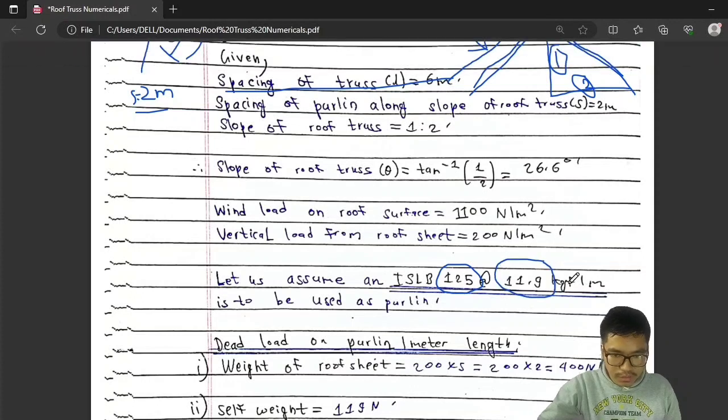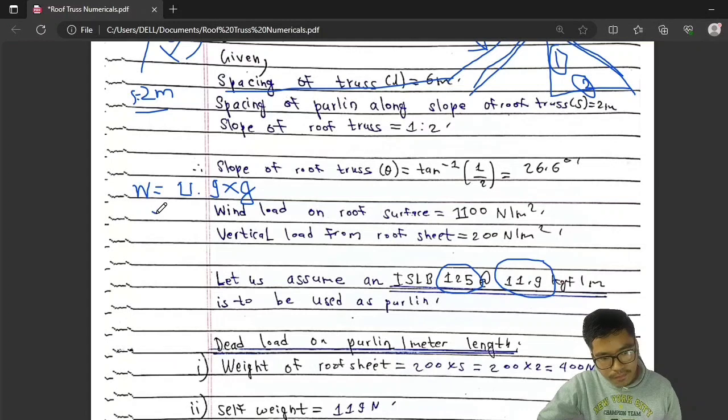So 119 is this. The unit of weight here is kg, so weight is the force exerted by mass of 11.9 kg. Since it is the force exerted by the mass, we need to multiply by g to convert mass into force.